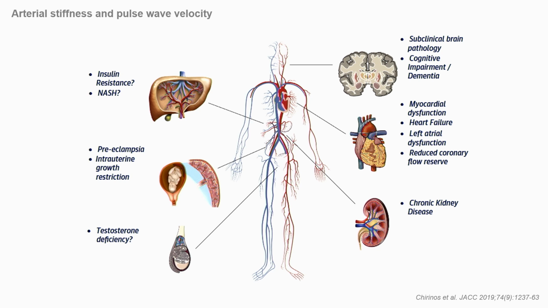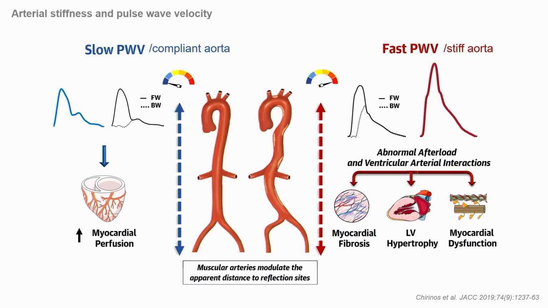And this aortic stiffness can damage low resistance organs via excess arterial pulsatility. So high pulse pressures can damage the end organs, and some of the more vulnerable organs, as you know, include the kidneys, the brain, and the heart. These are some of the effects of a stiff aorta on the heart.